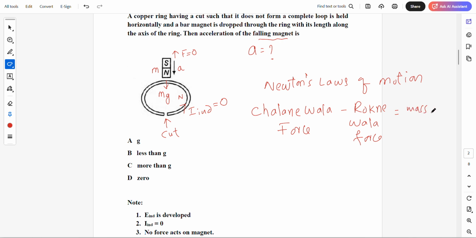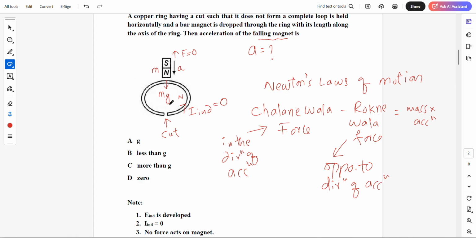The driving force is in the direction of acceleration. The opposing force will be opposite to the direction of acceleration. The driving force is mg. The opposing force is nothing, zero, equal to mass into acceleration, ma.